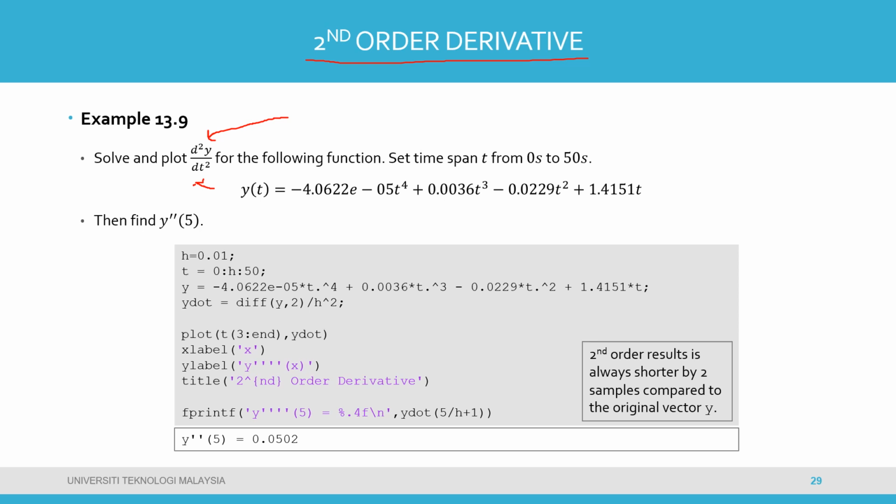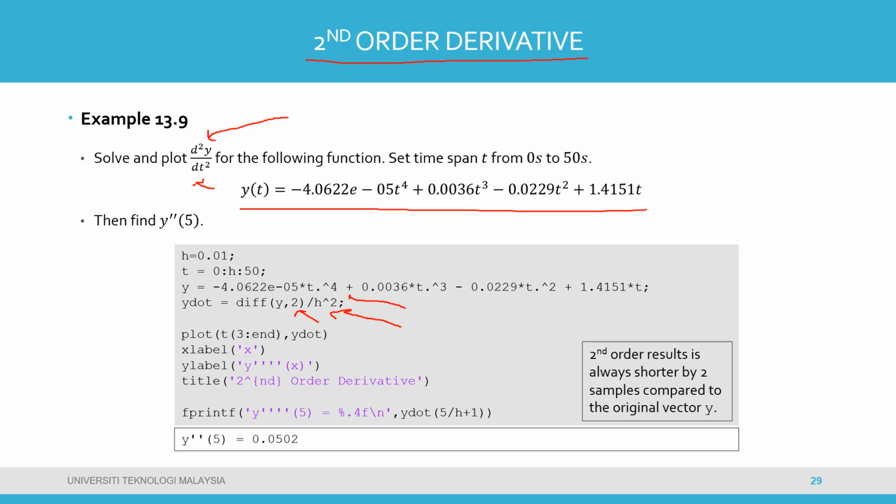You have to include the level of the derivative as well as the step size. You need the power of 2 because it is a second derivative. All the same, except that you add 2 in diff, and you put the power of 2.